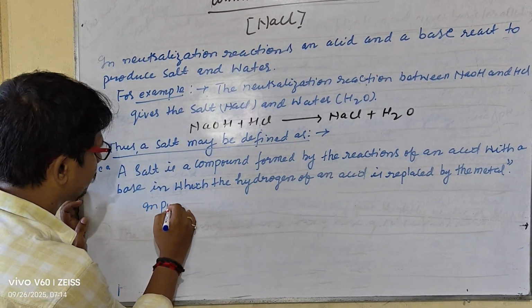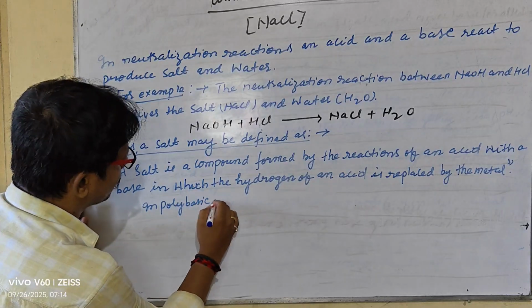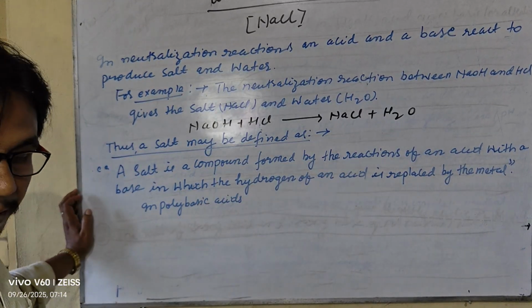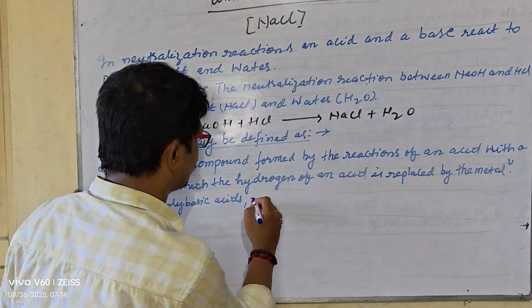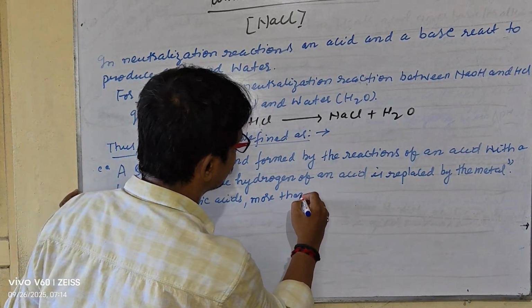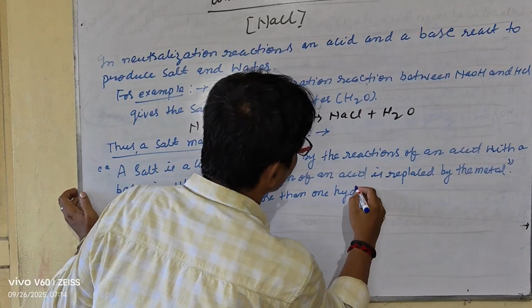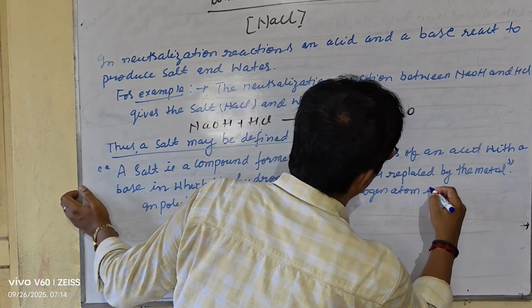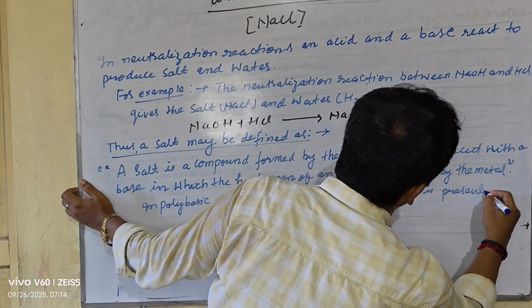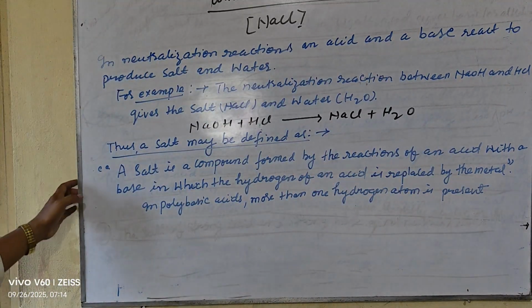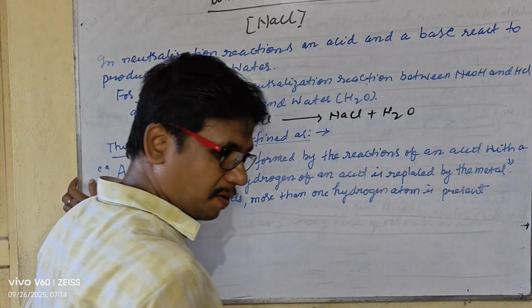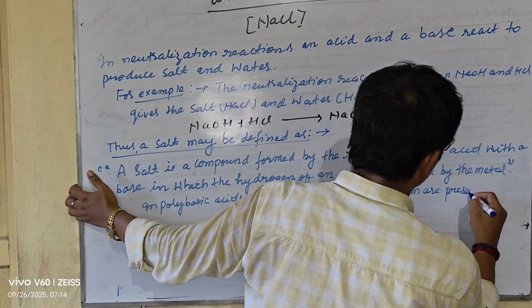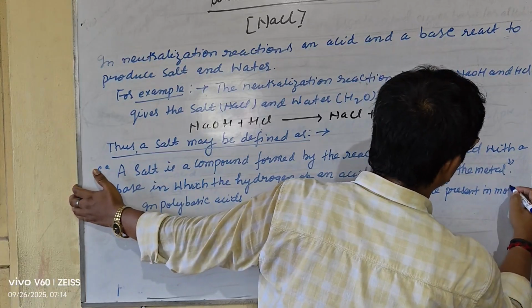In polybasic acids, more than one hydrogen atom is present in the molecule.